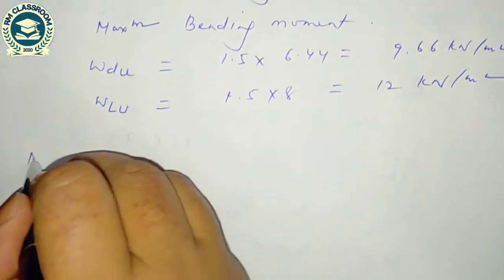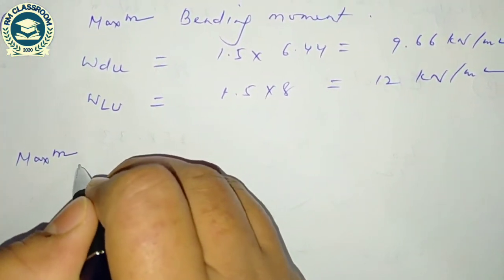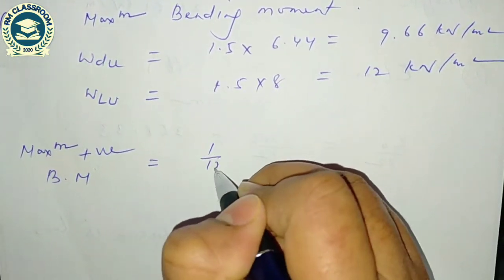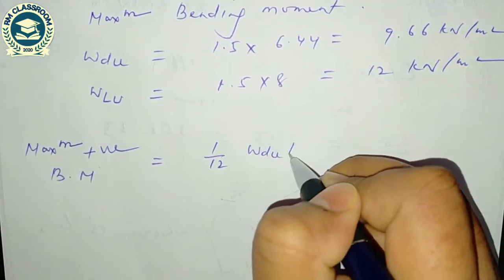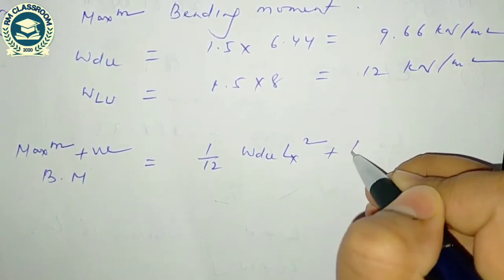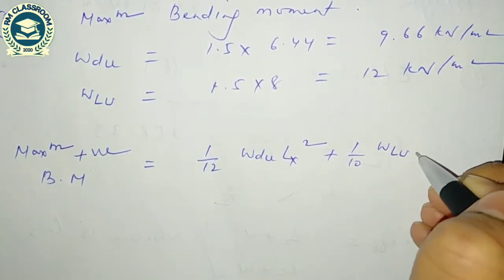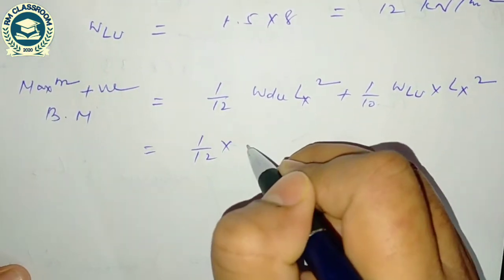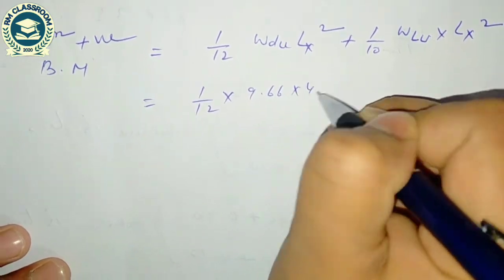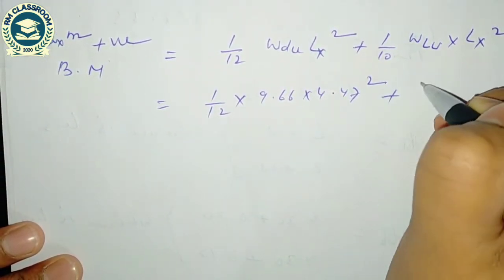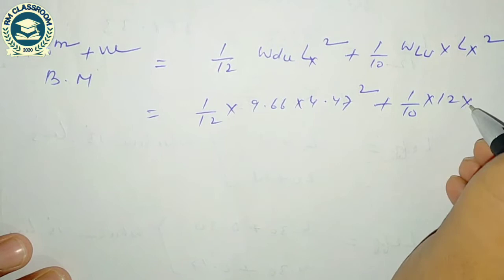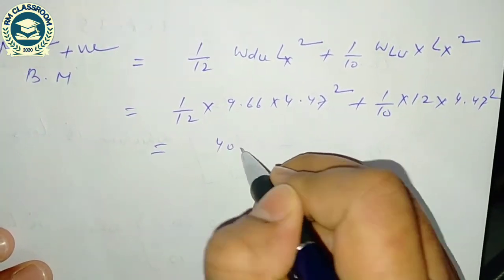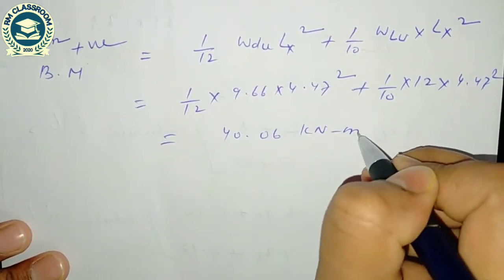So maximum positive bending moment is, according to IS 456, 1 by 12 factored dead load into Lx square plus 1 by 10 factored live load into Lx square. So 1 by 12 into 9.66 into 4.47 whole square plus 1 by 10 into 12 into 4.47 whole square. So it is coming 40.06 kilonewton meter.